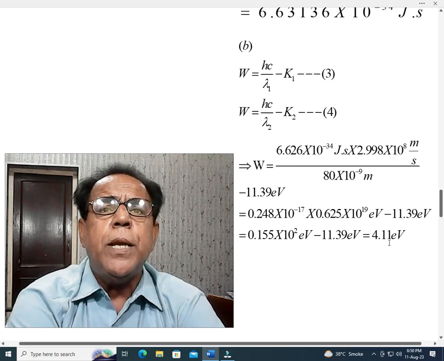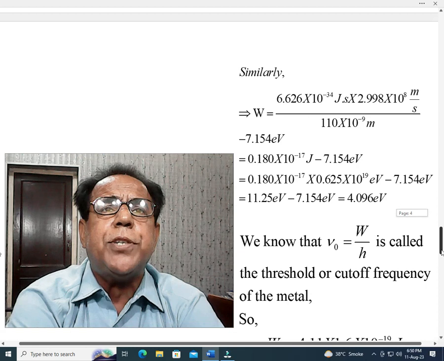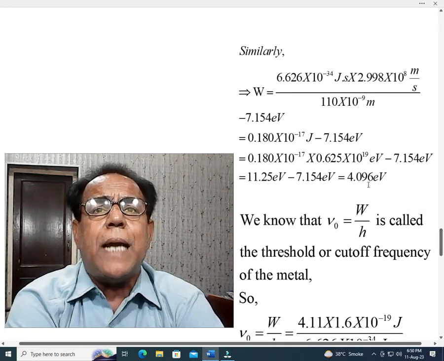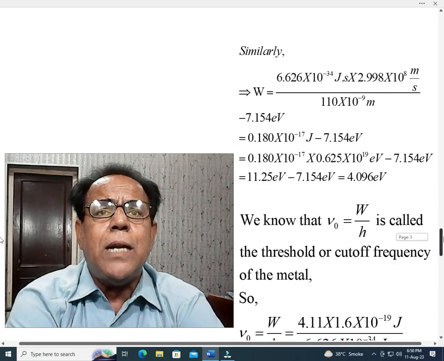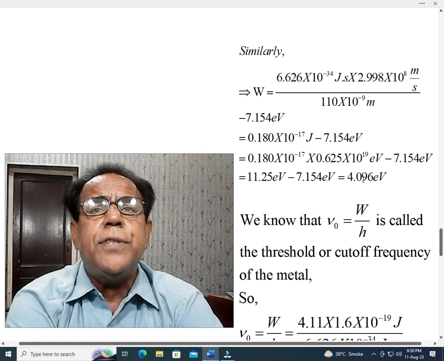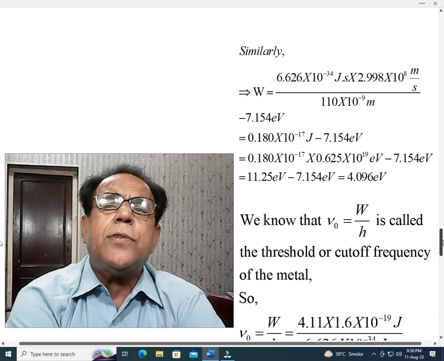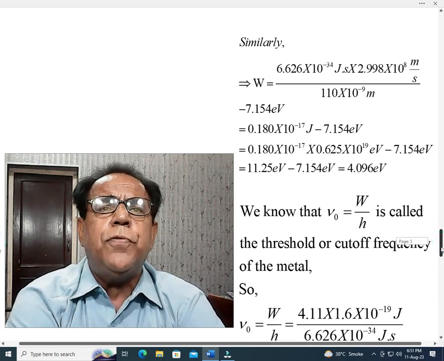According to equation number 4, work function becomes equal to 4.096 electron volt. So 4.11 electron volt and 4.096 electron volt are both very close to each other, and so we have successfully calculated the value of work function W.